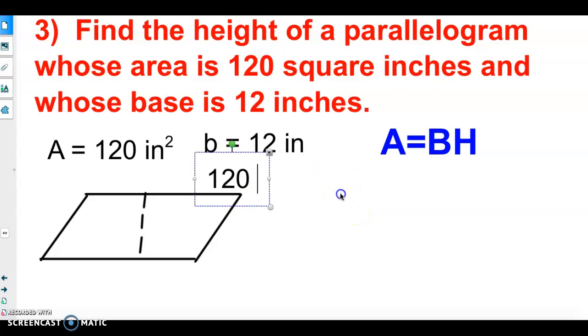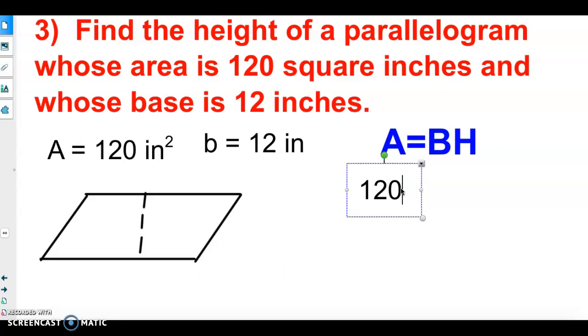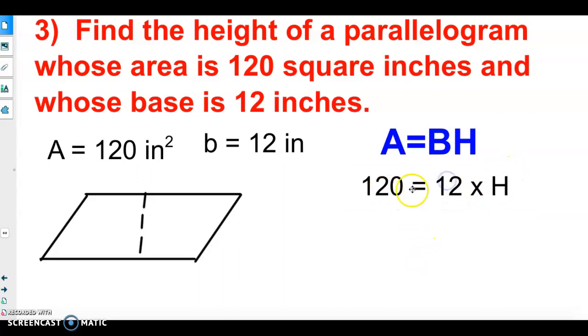You're going to replace the area, and under A, you're going to put 120, and under B, you're going to put 12, and you don't know the height. How can we figure out 120 equals 12 times what number? Well, on our calculator, we could divide 120 by 12, and that gives us 10. So we know 10 inches is going to be the height.